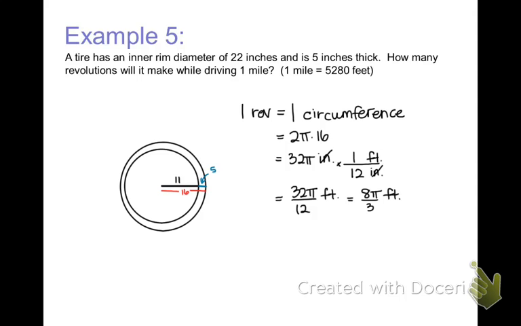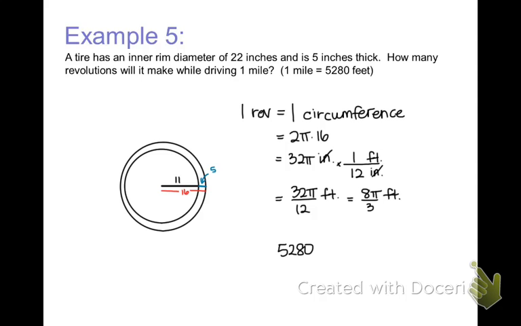Let's calculate it just so you guys can kind of get your mind around it. If you type in 8 pi divided by 3, you get 8.3775, and so on. How many times is that going to fit in a mile? How do you figure that out? What's the calculation that you do? Yeah, you take how long a mile is in terms of feet, right?